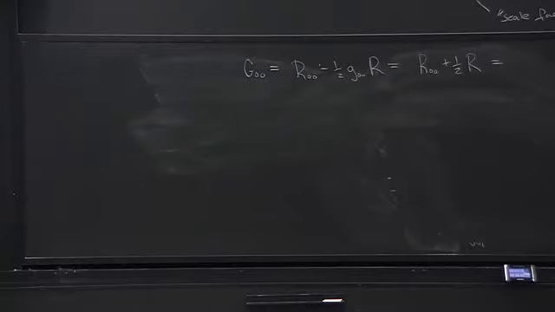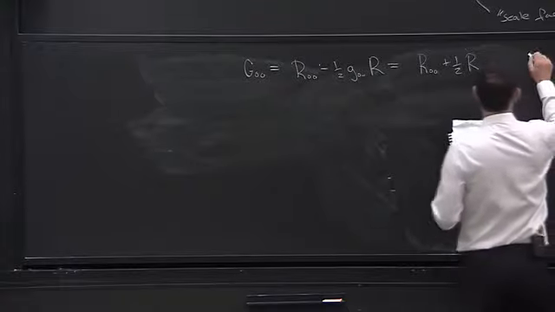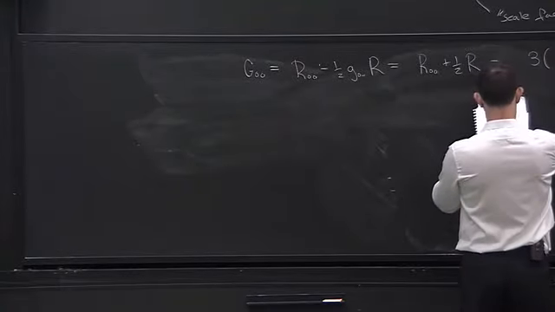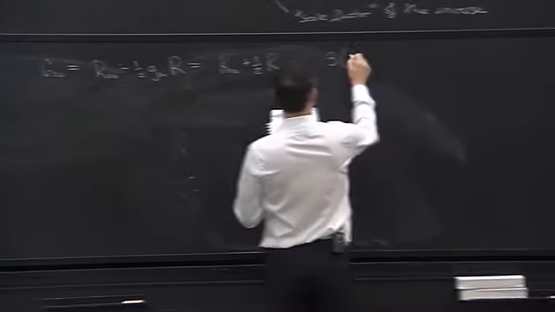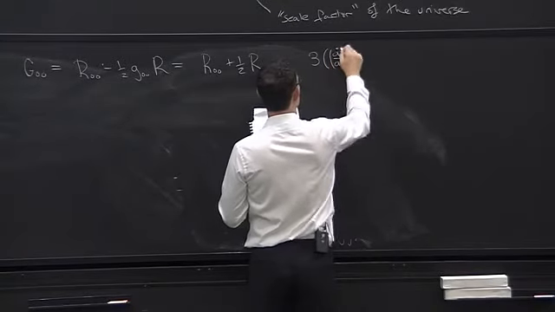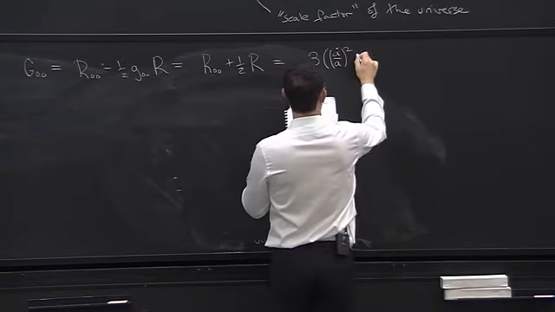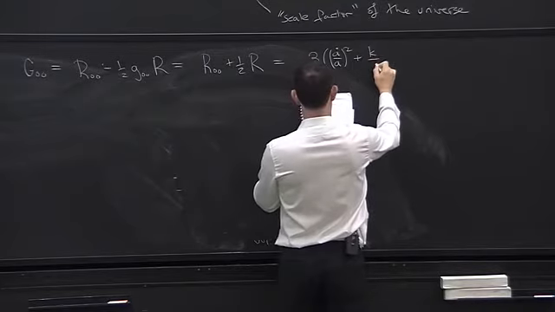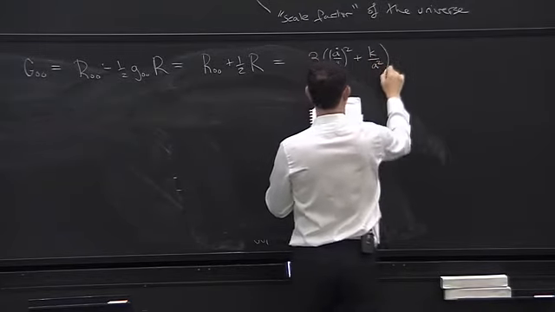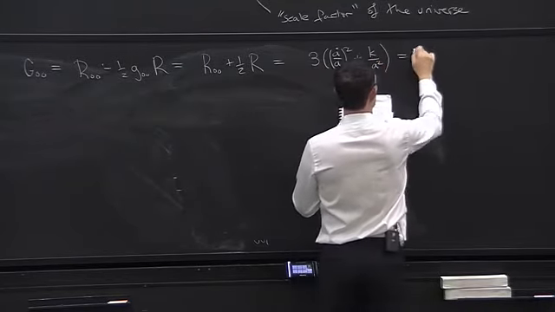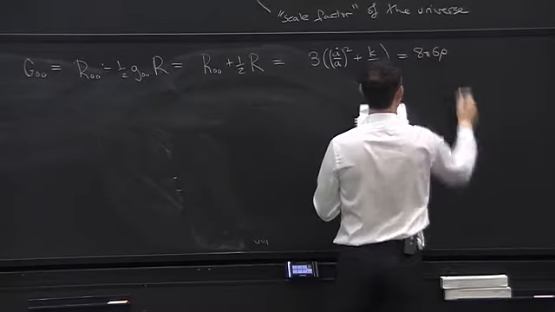A half R gives me plus 3 a double dot over a. So those two terms cancel. So I get 3 times (a dot over a squared plus K over a squared) equals 8 pi G rho.